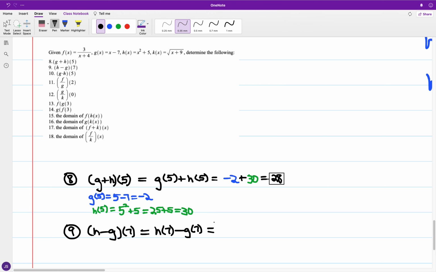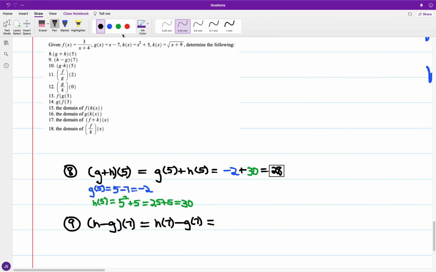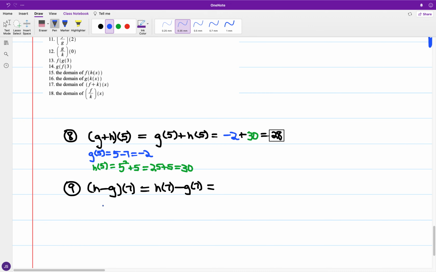For h of x, you have x squared plus 5, and with x at 7, we have 7 squared plus 5. 7 squared is 49, and 49 plus 5 is 54.